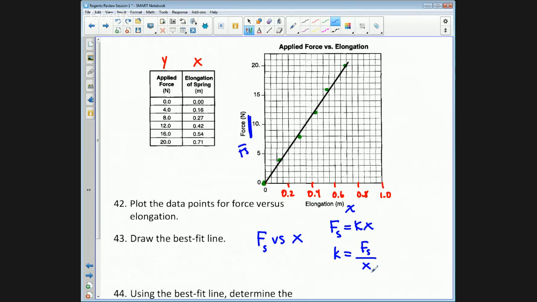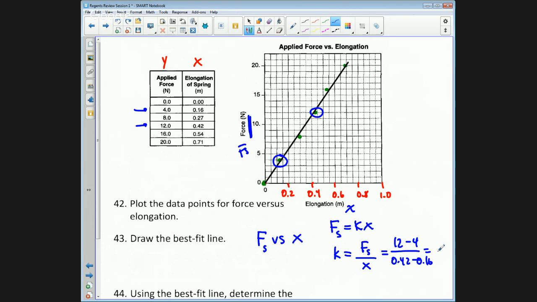Okay? So I'm going to figure out the slope here. I'm going to pick 2 points and then figure out the slope. So I'm going to pick these 2 points here, this one and this one. You can pick any 2 points. So Fs would be 12 minus 4 divided by 0.42 minus 0.16.